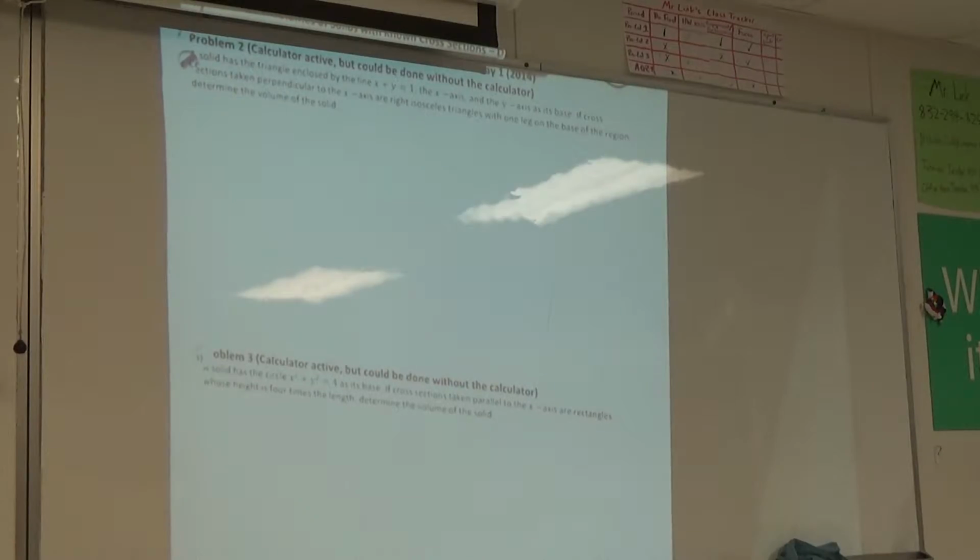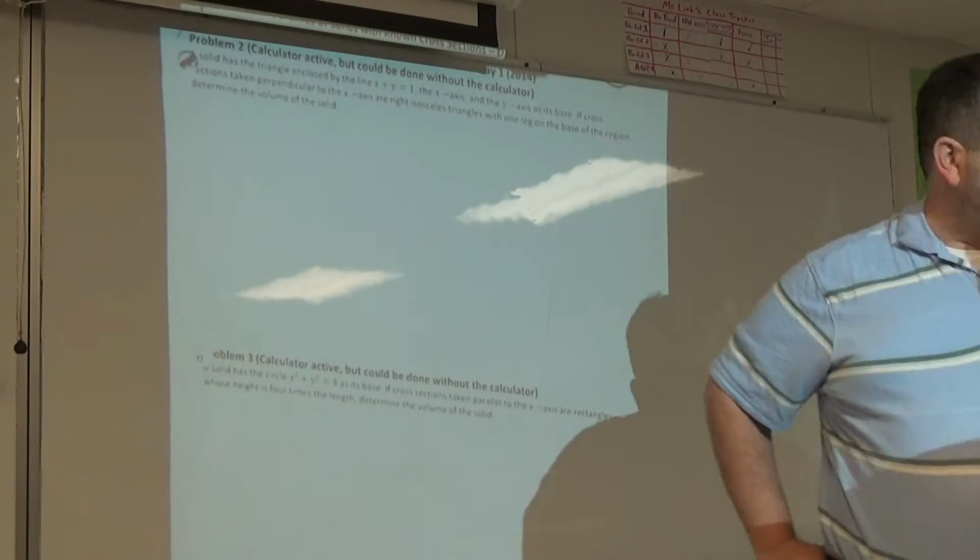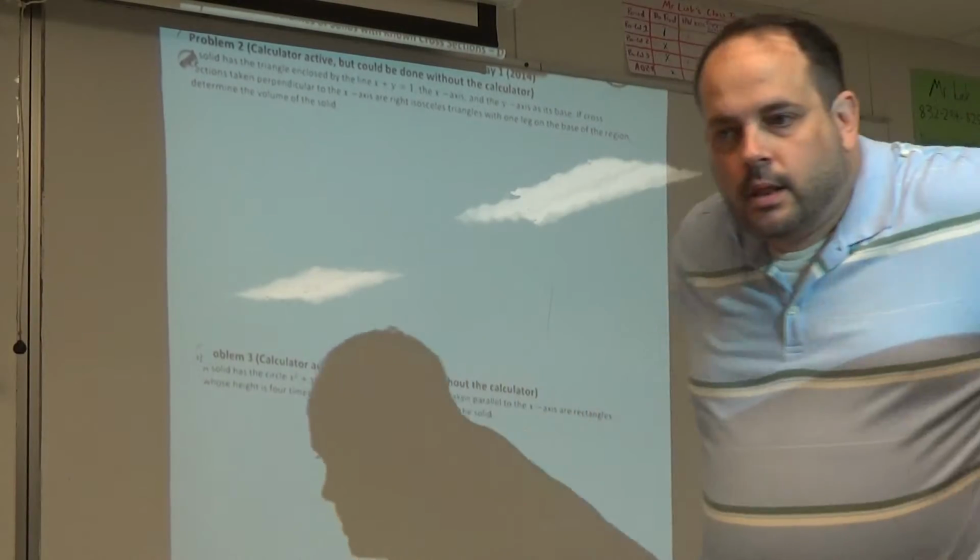It's all about the base, it's all about your slices, and it's all about some calculus. Perpendicular and parallel. You say perpendicular to the x, I say parallel to the y. Those are the same. I saw something that's two sides, and then it makes the triangle.